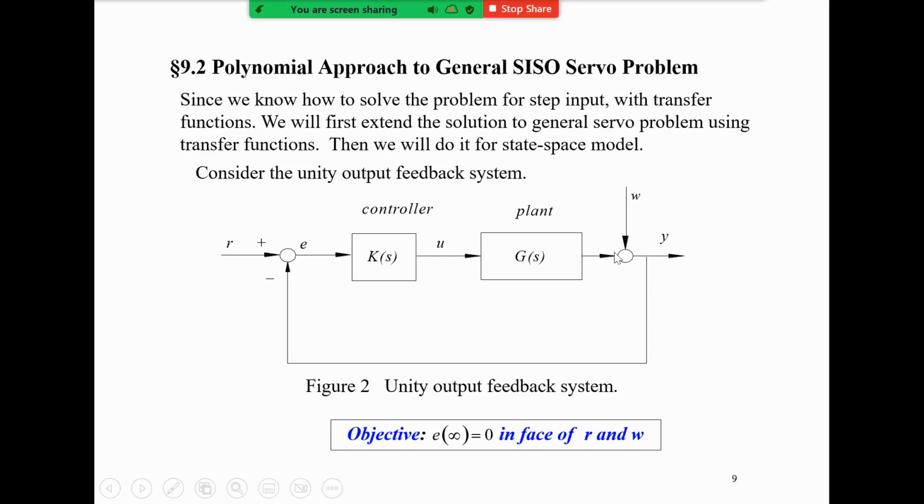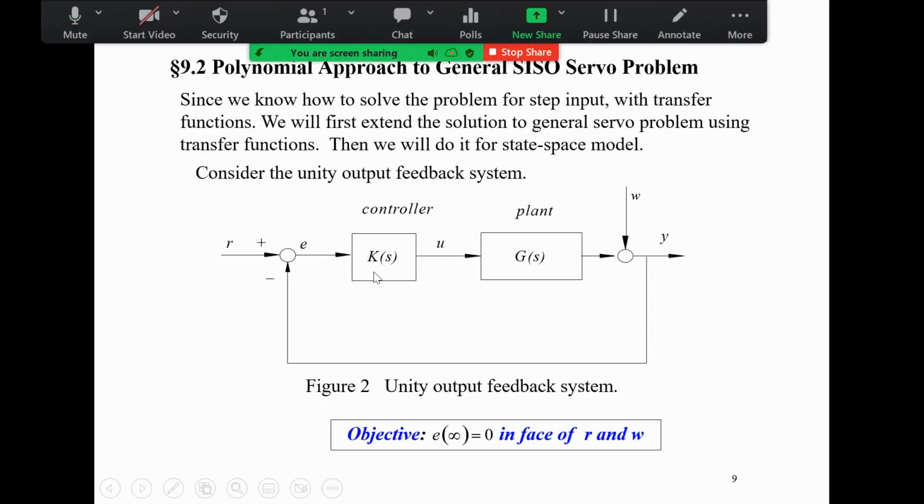When you were an undergraduate, you learned the solution when the disturbance and the reference signal are constant: you just put an integrator in the controller. But here, for the general case, what kind of controller should we design to achieve the goal?